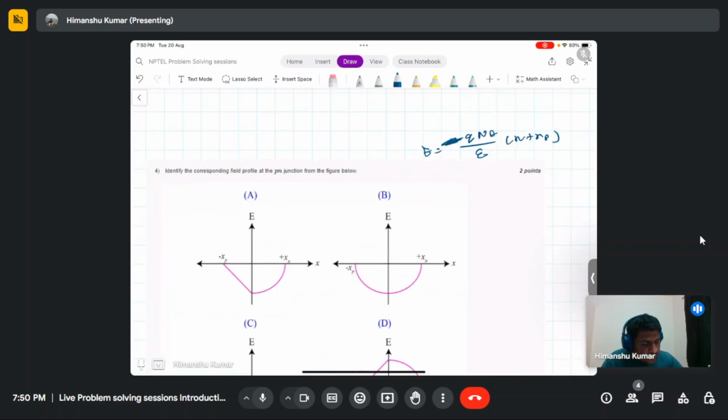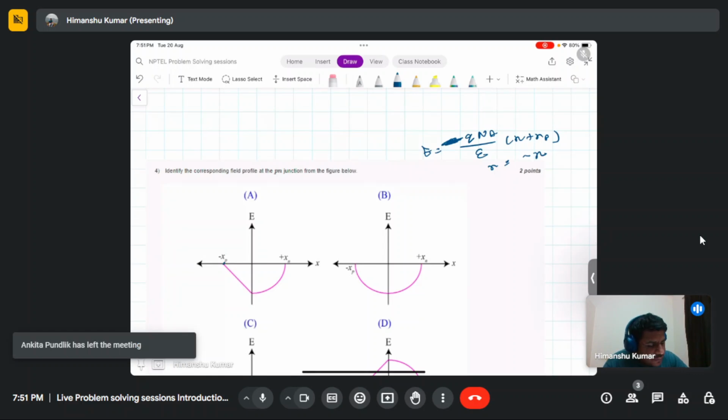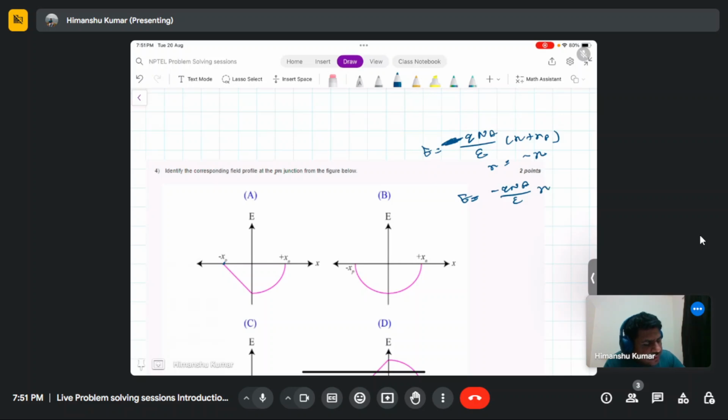When x equals minus x_p, then your field will be 0. And as you can see, this is the equation of minus q N_A by epsilon times (x minus x_p).